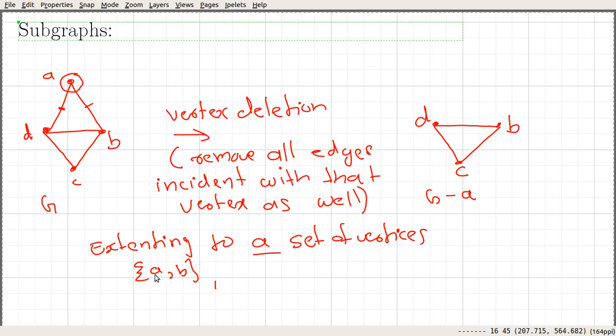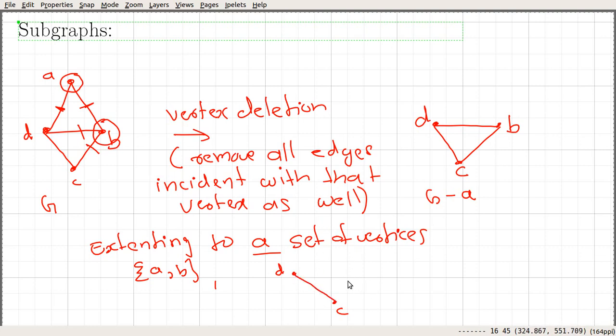Here again we delete A and B from the graph and all the edges incident with A and B. We are left with these 2 vertices D and C, and we also delete all the edges that are incident on A and B. So we delete this edge, this edge, this edge, and this edge. We get this graph.